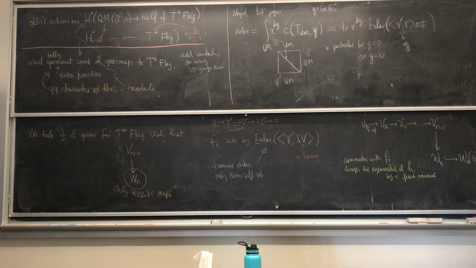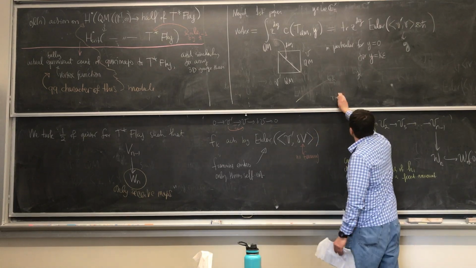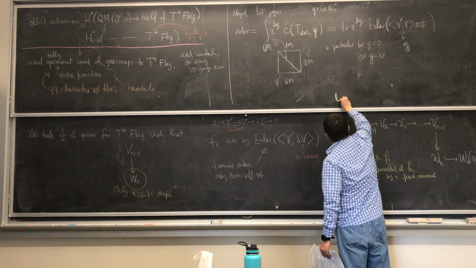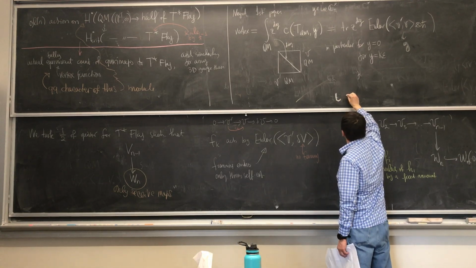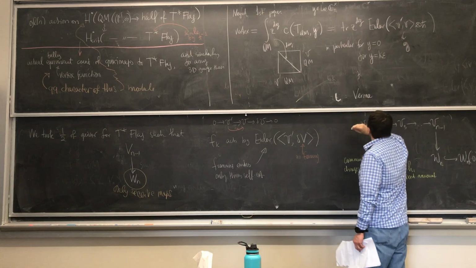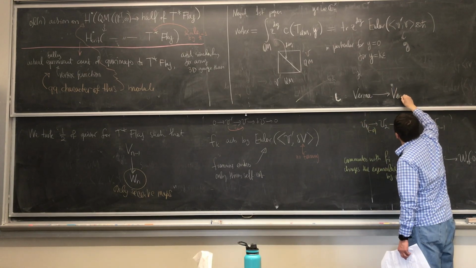All right. And so that means what? That I have my Verma as some kind of operator. Let's call it iota. It's an operator of the following kind. I have a Verma. There's an intertwining operator with Verma.